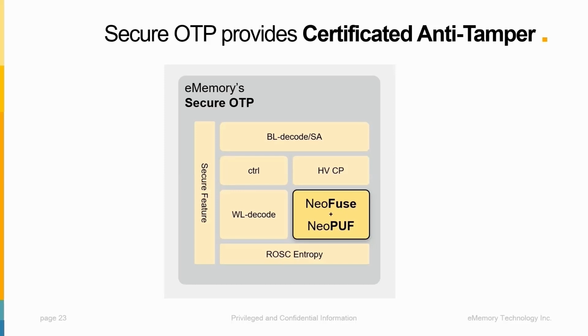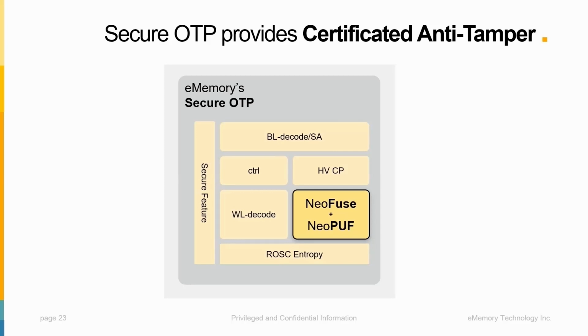NeoFuse cells in this region can be used to store generated digital key data as well as other important information with intrinsic data protection and high reliability. The circuit blocks surrounding the cell array are a high voltage charge pump used for pumping program voltage into the cell array, and a one-line decode, a circuit that can decode user-specified addresses into a specific location inside the array.